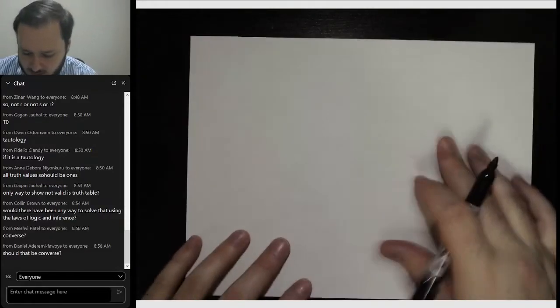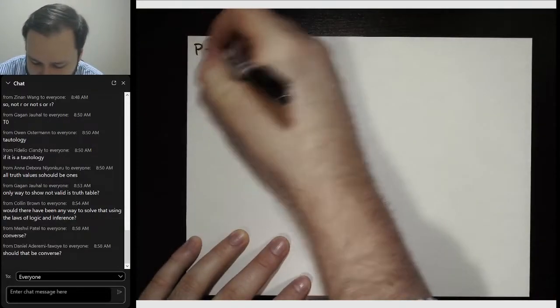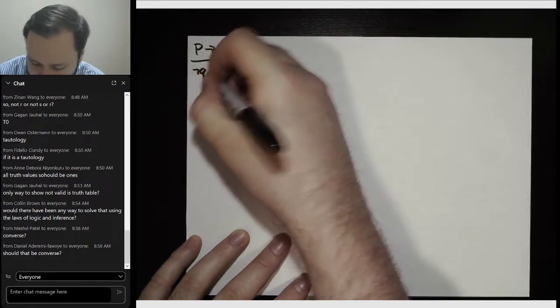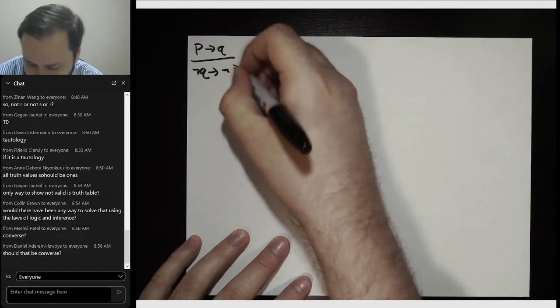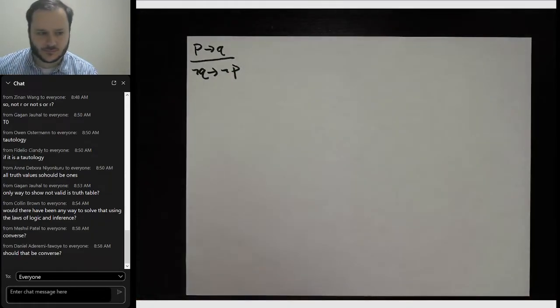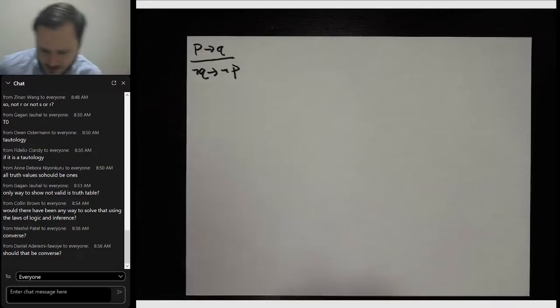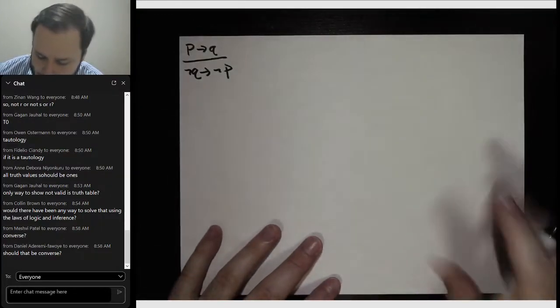I'm claiming from P implies Q, we can conclude not Q implies not P. And let's do this one with the truth table again for the practice.